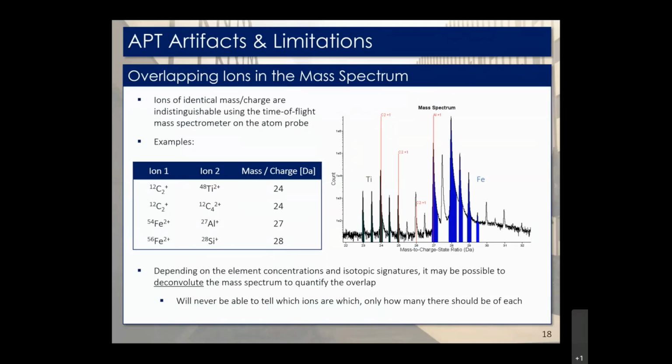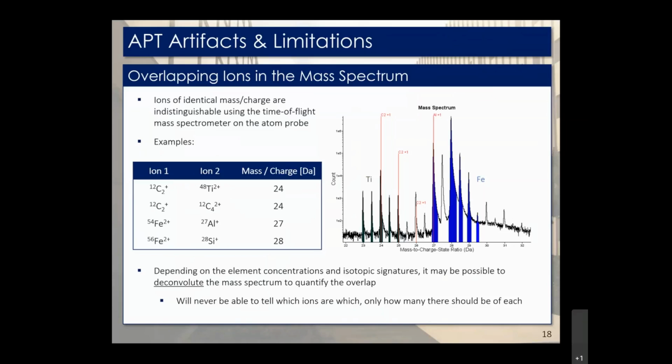So in this example of iron and aluminum, if we were to look at the peaks of iron and see that, well, we expect aluminum in the sample and maybe that peak at 27 Dalton is 5% higher than it should be, even though the majority of that peak is still iron, we can say that 5% of that is probably aluminum. We can then use that in determining the composition and essentially quantify that overlap.